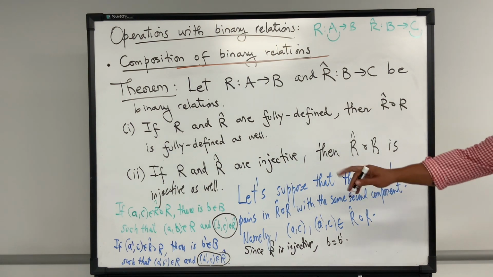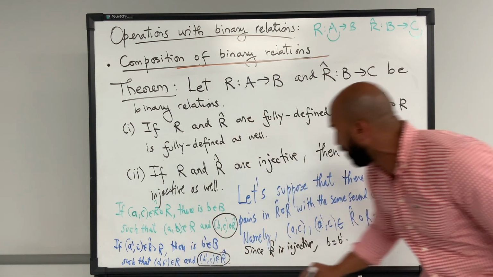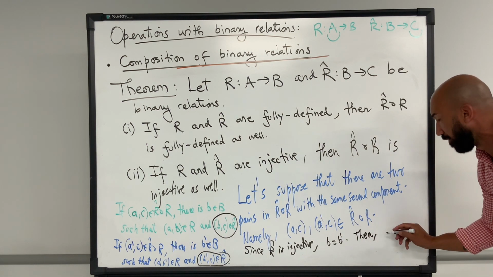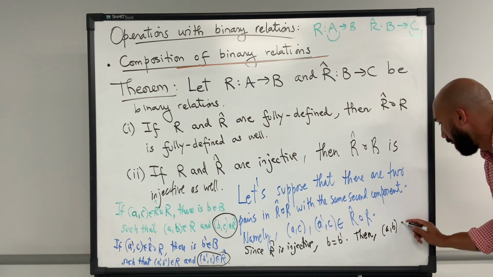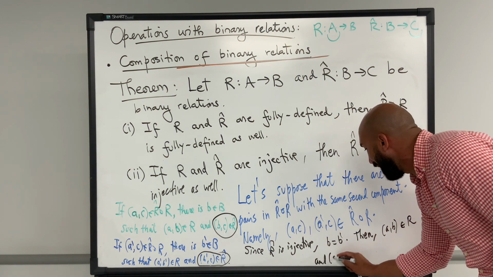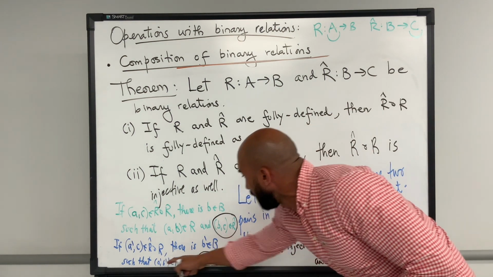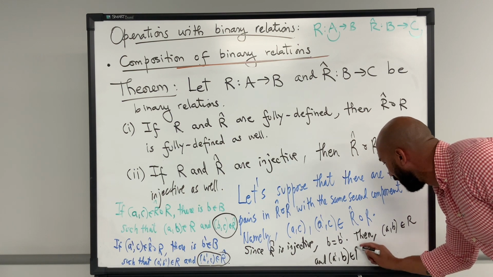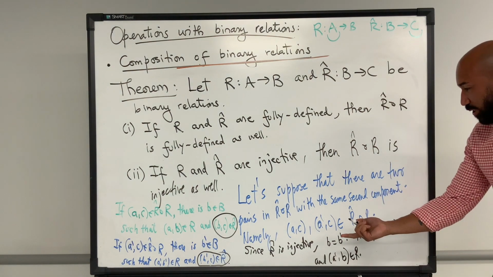But if B is equal to B prime, these two pairs that we have here, then we have AB in R and A prime B prime, but B is equal to B prime, so A prime B is also in R. But R is also injective.